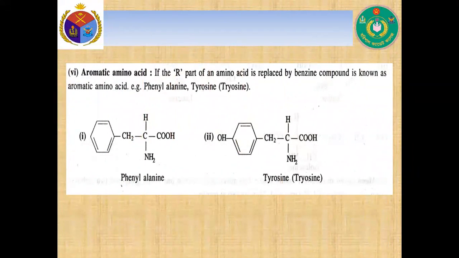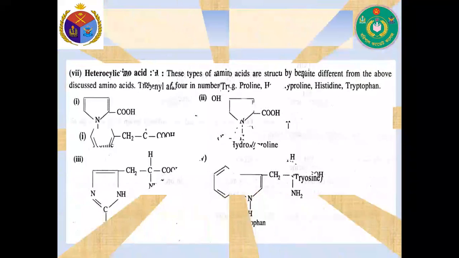Now, aromatic amino acid. If the R part of an amino acid is replaced by a benzene compound, it is known as aromatic amino acid. Phenylalanine and tyrosine are examples of aromatic amino acid.